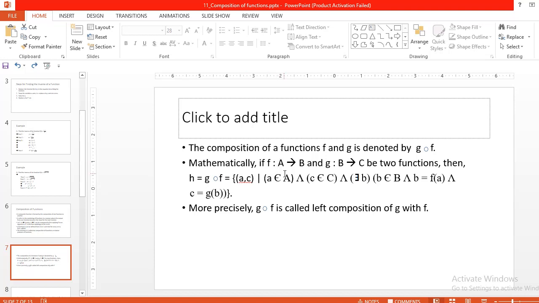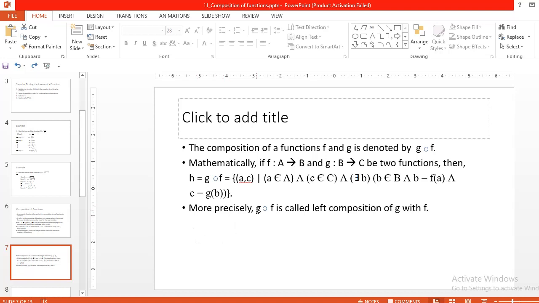So if f is a function from A to B and g is a function from B to C, these two functions, then h, the composition of the two functions, is equal to g of f, that is, the composition of f and g is equal to the set of pairs (a, c) such that a belongs to set A and c belongs to C, and for some b, that is the existential quantifier, some b belongs to B, b is equal to f of a and c is equal to g of b.